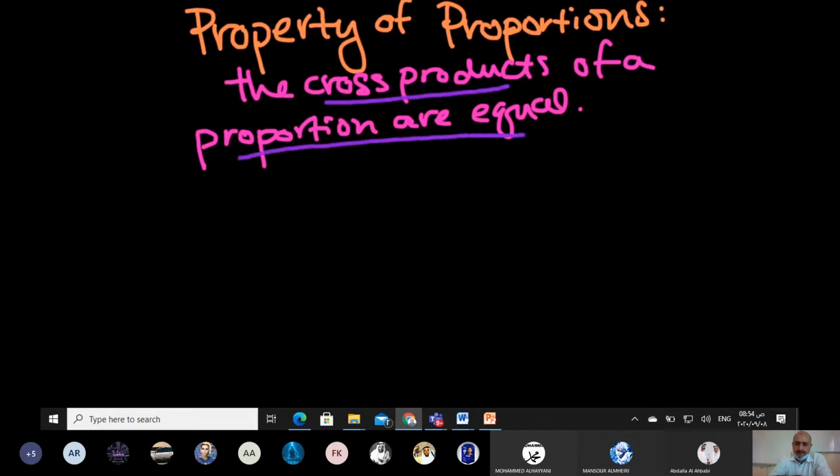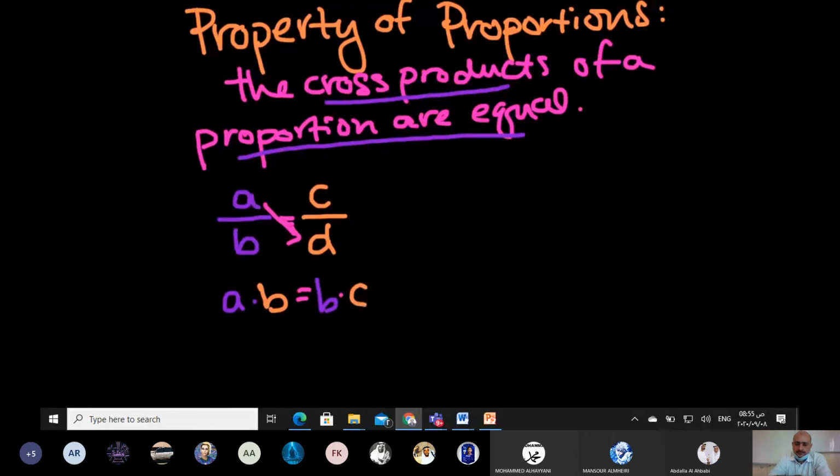Essentially, if we have a proportion A over B, and another proportion C over D, if we multiply A times D, that should be equal to B times C. Let's actually try this.